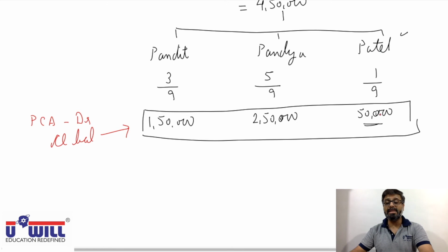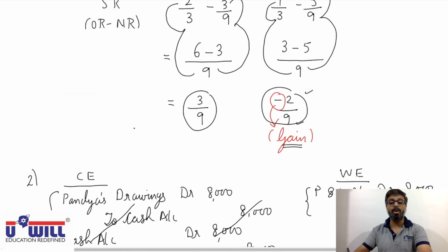As per Patel's capital, Pandit and Pandya will adjust their capital. If Patel is bringing 50,000 for 1/9 share, then for 3/9 share, Pandit's capital must be 1,50,000, and for 5/9 share, Pandya's capital must be 2,50,000. So these capitals we will write in partner's capital account as debit side closing balance.